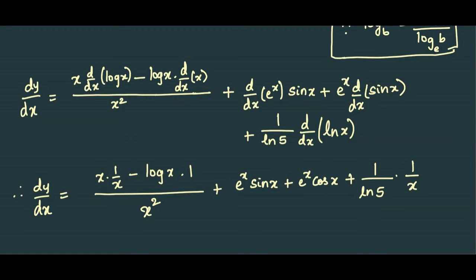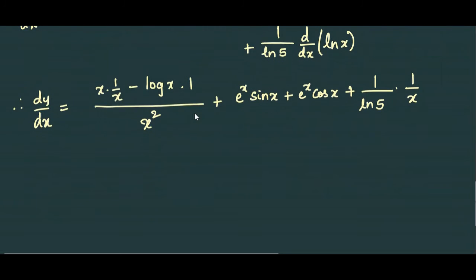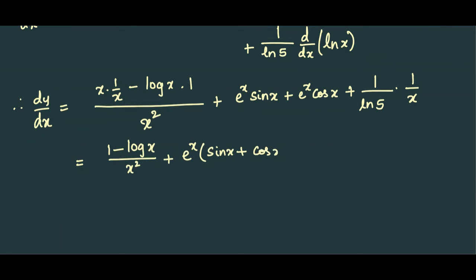So on simplification, we get (1 minus log x) upon x square, plus e power x into (sine x plus cos x), plus 1 upon x log 5.